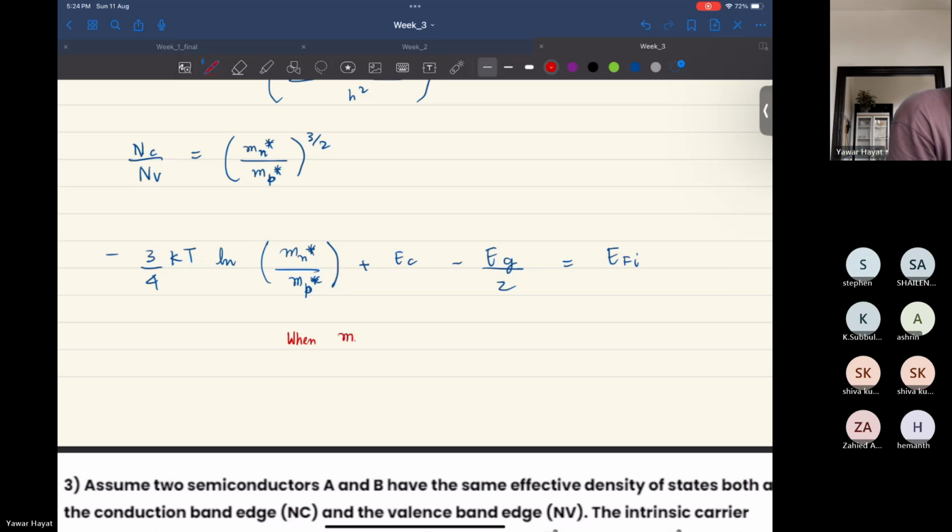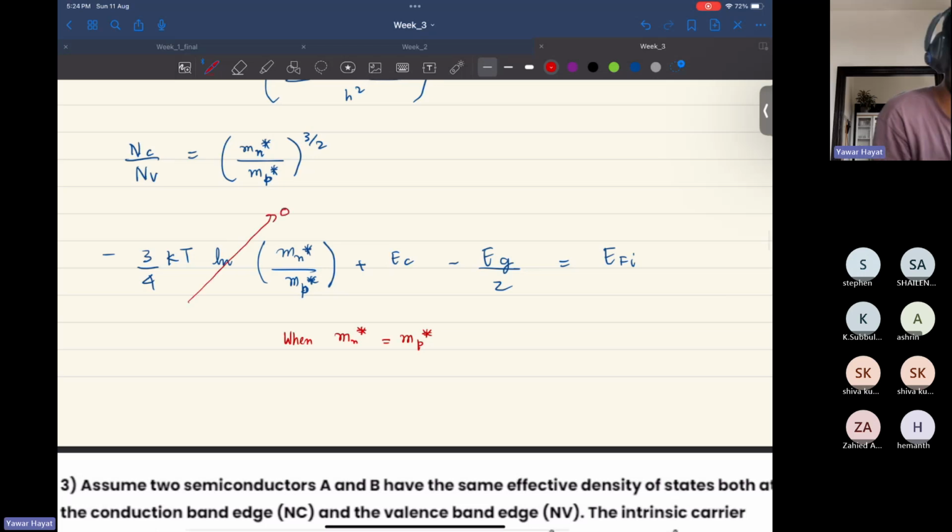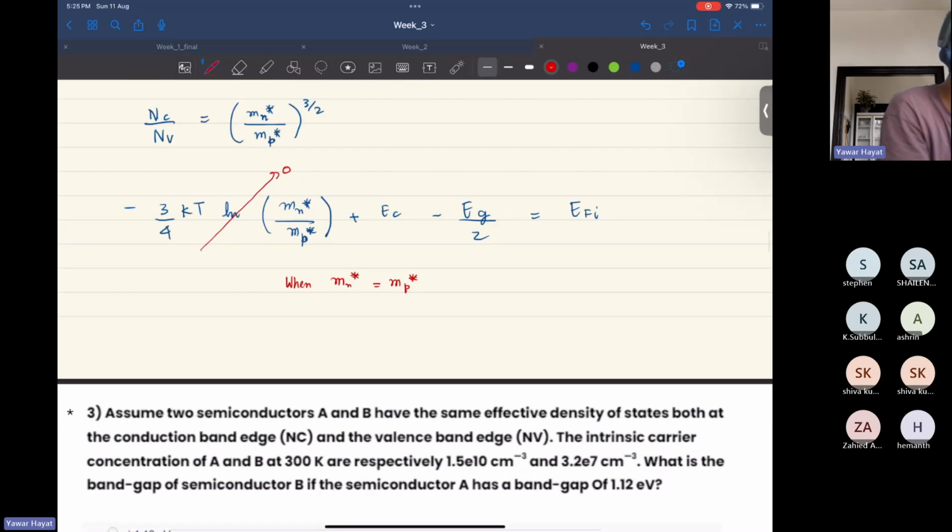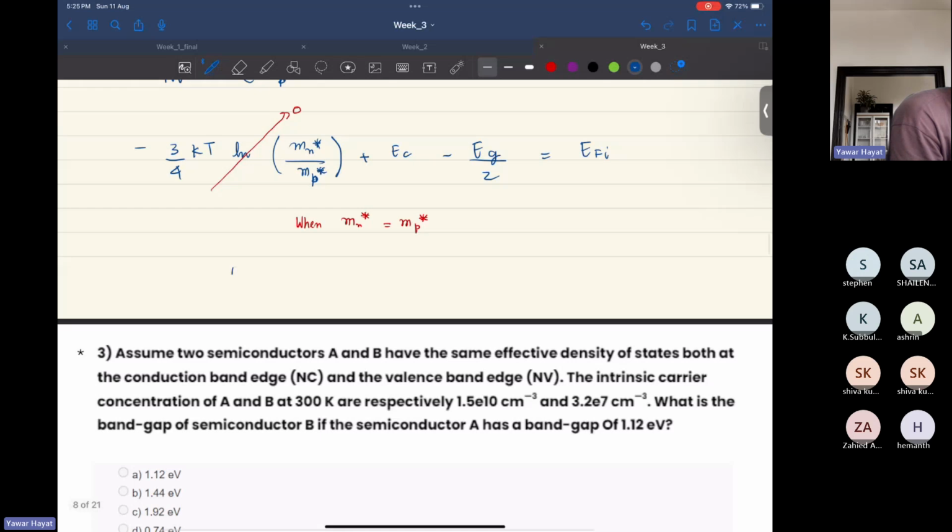When mn star is equal to mp star, this term goes to 0. So when that happens, our EF would be equal to EC minus EG by 2, which is nothing but the intrinsic level. So this is what we needed to prove. We are done with this.